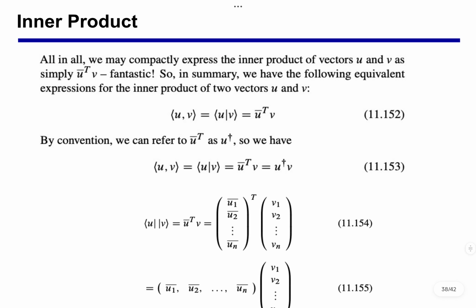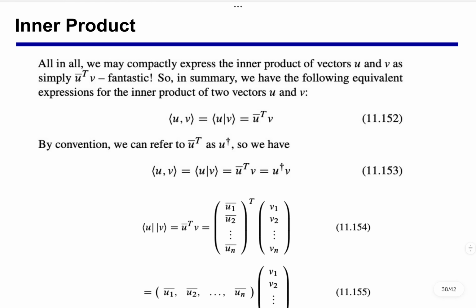All in all, we may compactly express the inner product of vectors u and v simply as u bar transpose times v. Fantastic. So in summary, we have the following equivalent expressions for the inner product of two vectors.